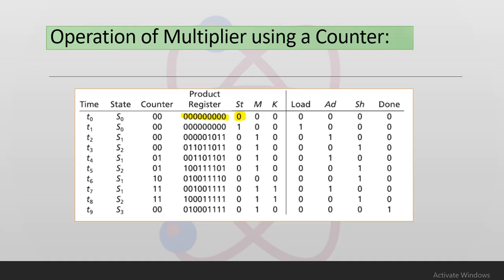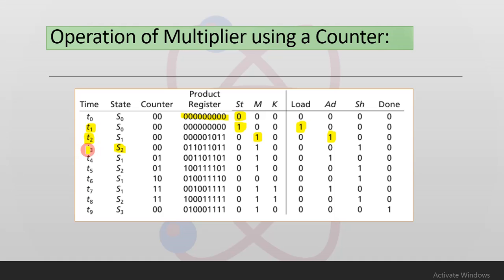At the time t1, the start signal will be equal to 1 and the load signal is generated. At the time t2, M is equal to 1, so an add signal is generated and you are going to add the contents of the accumulator with the multiplier, and when the next clock occurs, the output of the adder is loaded in the accumulator and the control signal will go to the state S2.